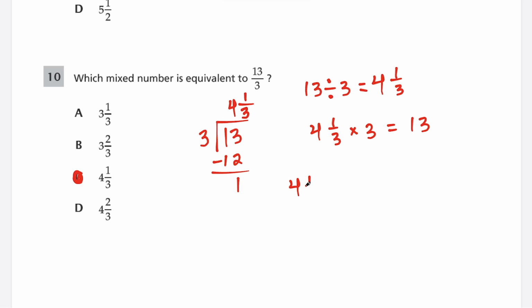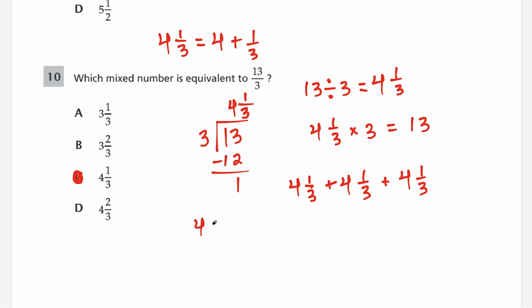I could do 4 1/3 plus 4 1/3 and then plus 4 1/3. And just so you know, this is something that may not be obvious, but 4 1/3, you could also write as 4 plus 1/3. So let's say I really want to expand this out. I'm going to say 4 plus 1/3 plus 4 plus 1/3, and then I'll do one more, plus 4 plus 1/3. So I'm adding 4 1/3 to itself 3 times.